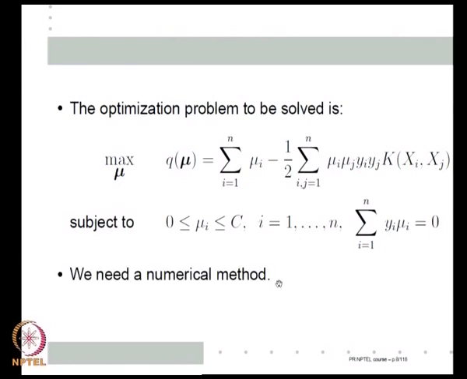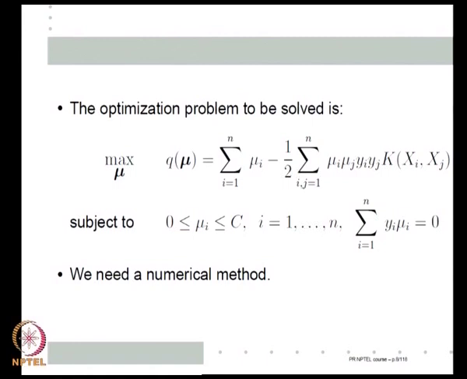So, what we need is a nice numerical method. Of course, there are many numerical methods for general nonlinear programming problems. For example, I can use constrained gradient descent, gradient projection, or one can use penalty method, barrier method. There are many such standard numerical algorithms for solving constrained optimization problems.